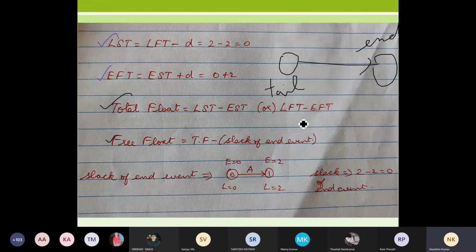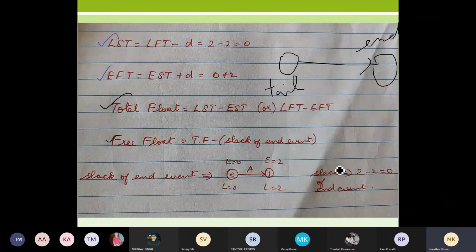I am going to find the difference. The difference is nothing but the slack. So I'm going to calculate the slack of the end activity. Slack is nothing but the difference between your early start and your latest completion. 2 minus 2 will give you 0.